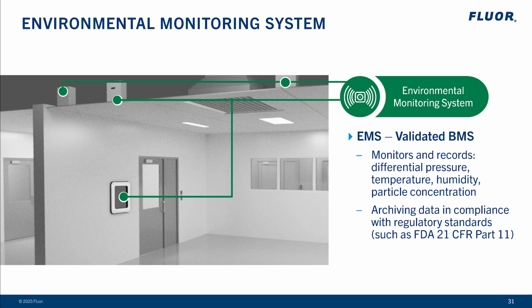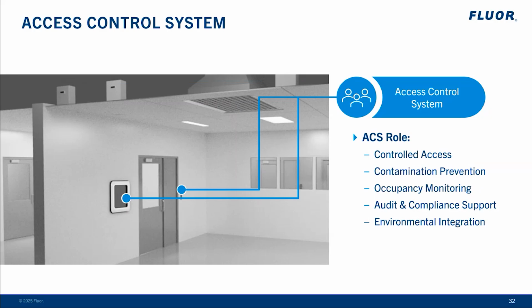standards. The Access Control System, ACS, serves multiple functions in cleanroom environments. It regulates personal access to sensitive areas, preventing unauthorized entry and reducing contamination risk. ACS also supports occupancy monitoring, which is crucial for dynamic ventilation control.